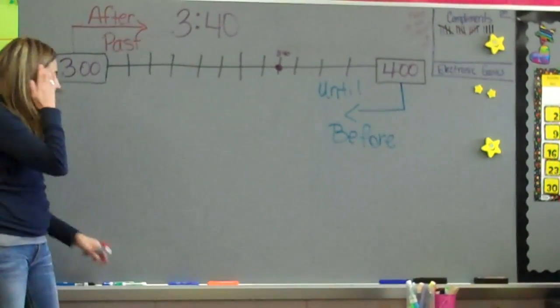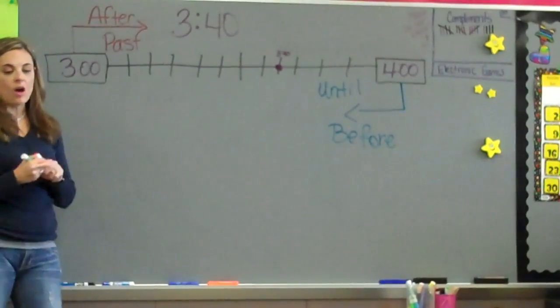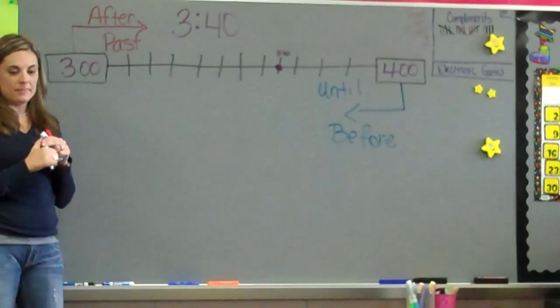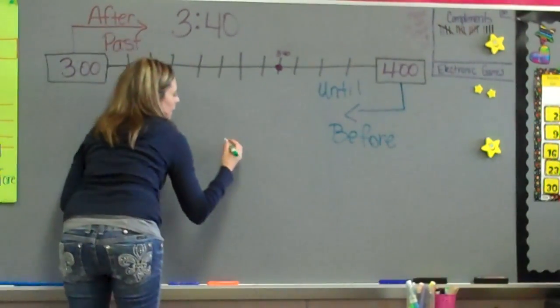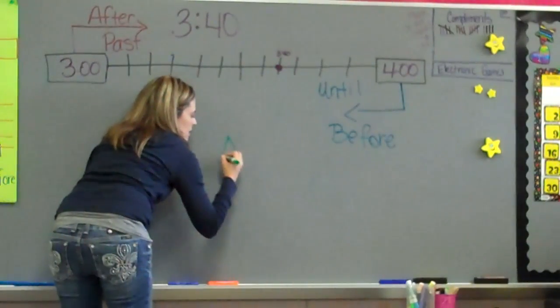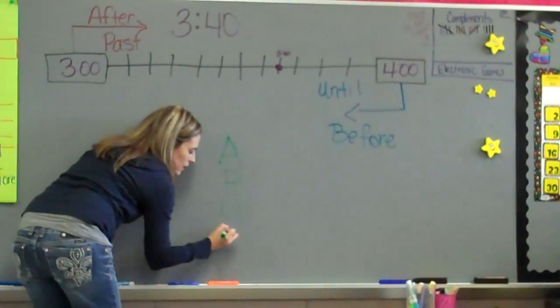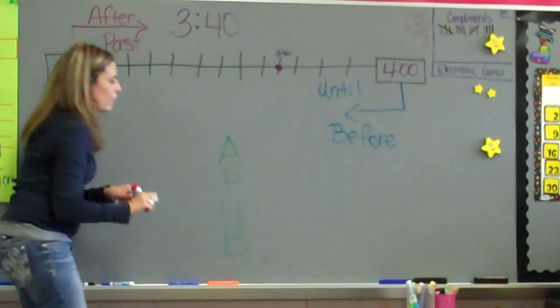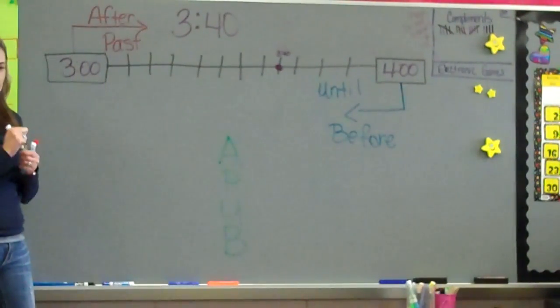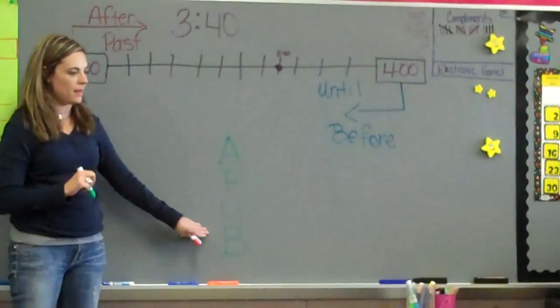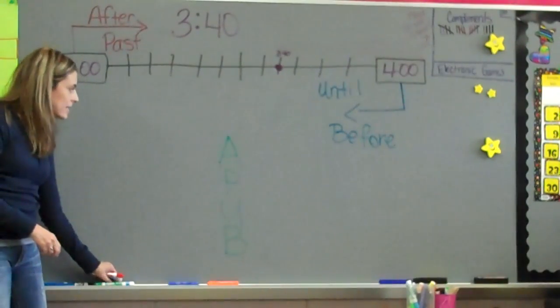And there's a new saying that we're going to have, and it's called APUB. This is called APUB, and it is a strategy for telling time 4 different ways. APUB. That's how we're going to pronounce it.